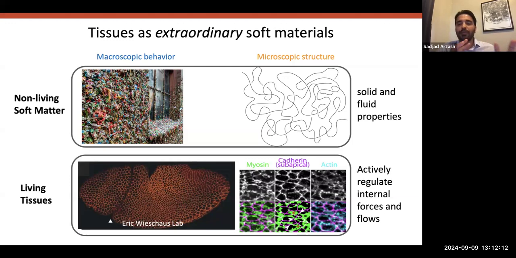So by just comparing these two, we can see that these tissues have a microscopic structure that is complex, but also is tunable via different molecular concentrations and proteins.